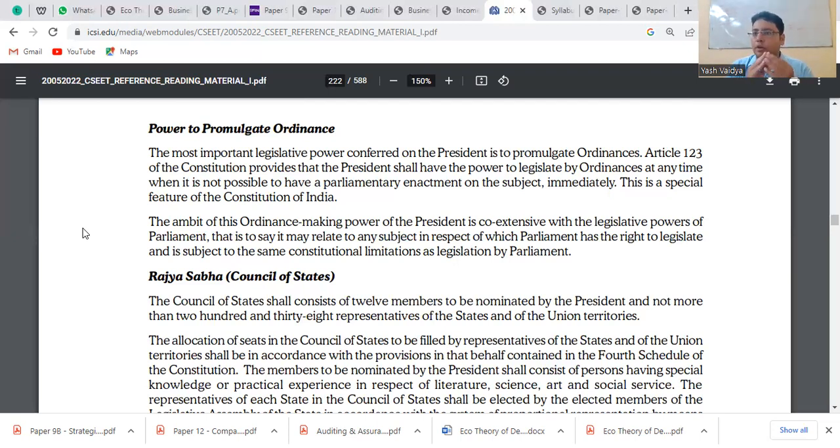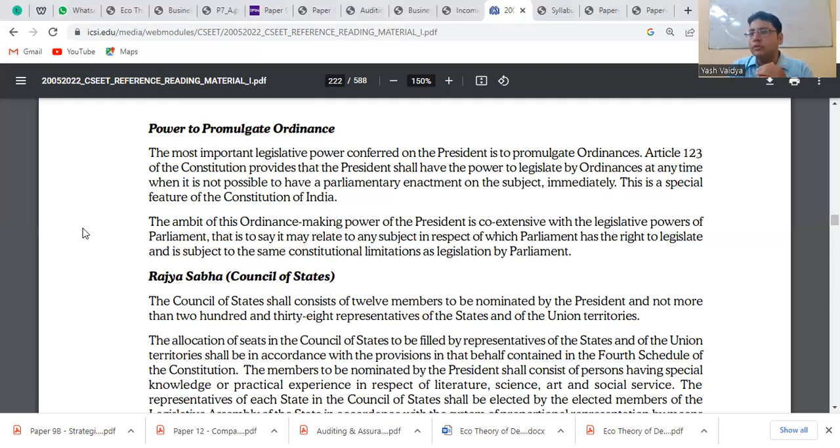The government wants to implement some law with immediate effect. They cannot wait till the next session. And they cannot call the session immediately, because calling the session itself is a big process. You have to give requisite notice and everything. So they require some law to pass on an immediate basis.